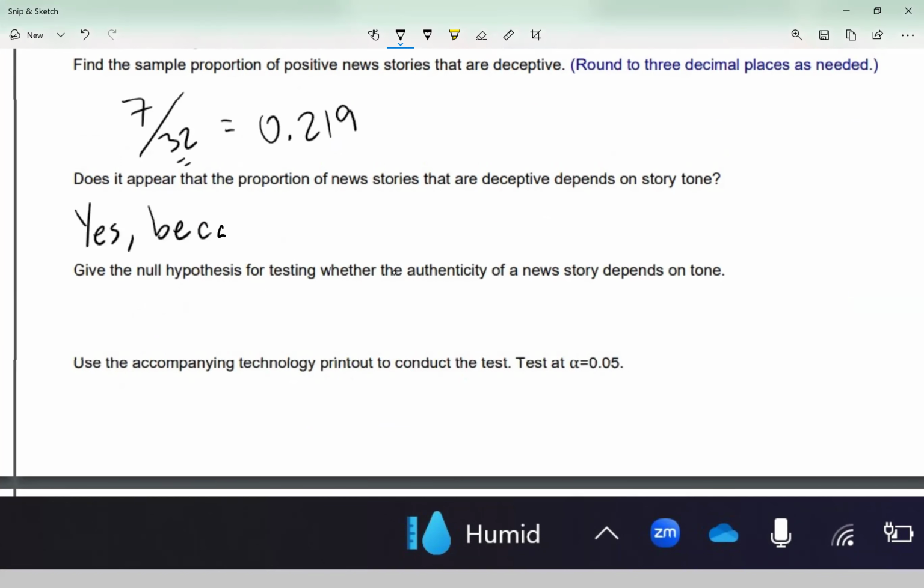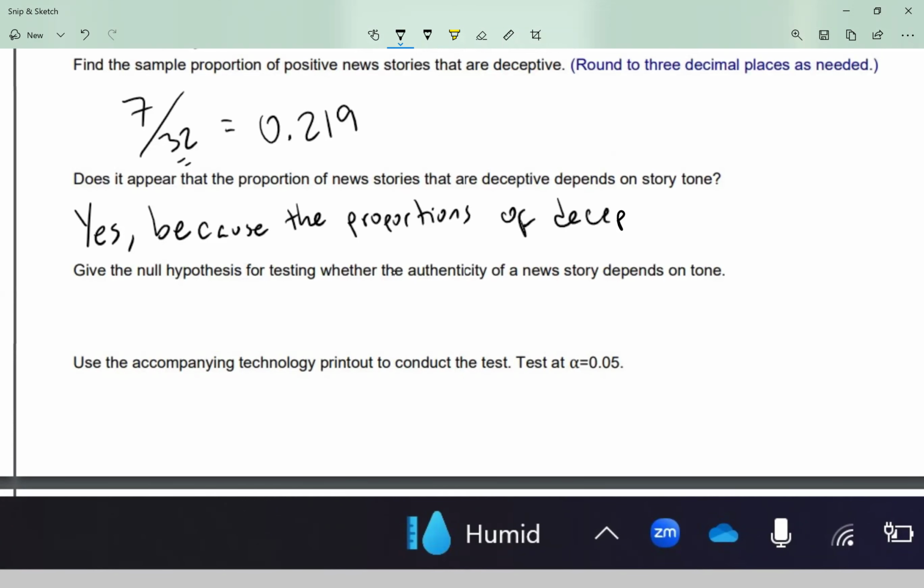Because the proportions of deceptive stories vary by tone.